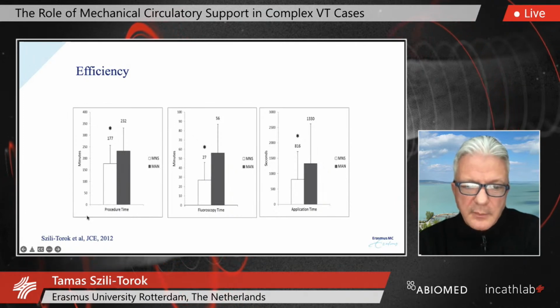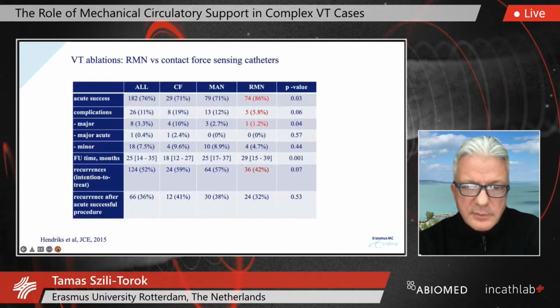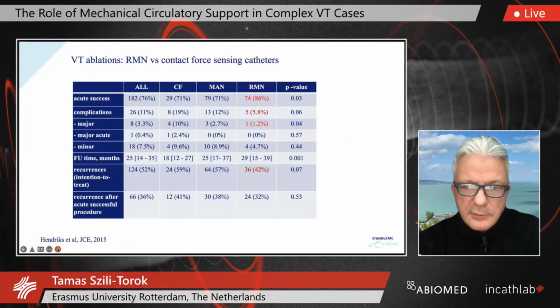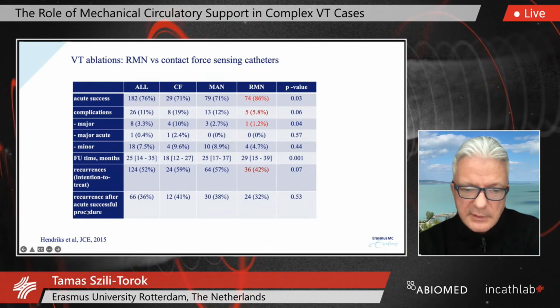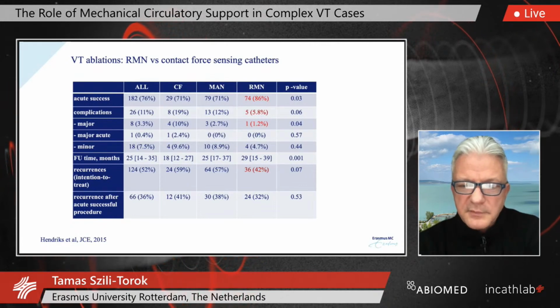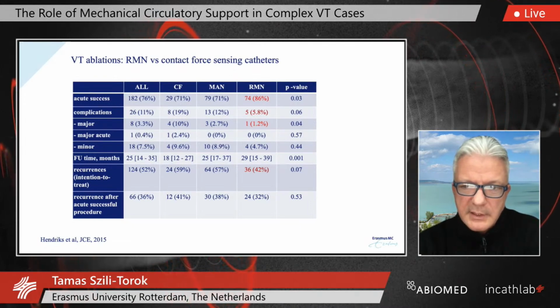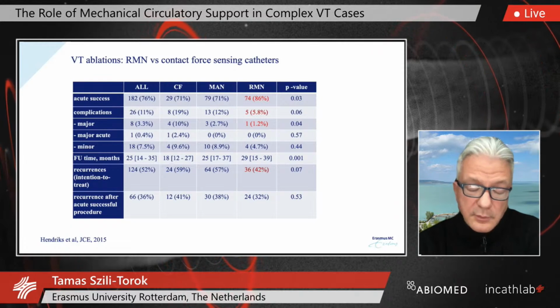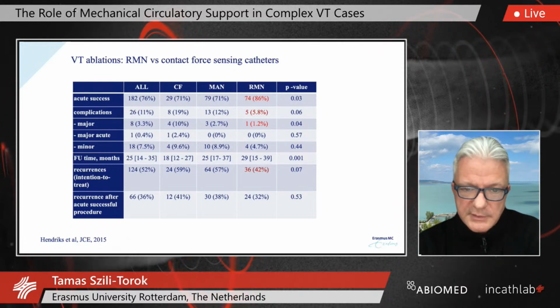So we really prefer this one, and I'm not the only one in the group. It is very interesting. I'm working with 5 EPs, and we have some differences in terms of atrial fibrillation, but in VT, I think most of my colleagues, actually all of them, agree that this is a superior system.